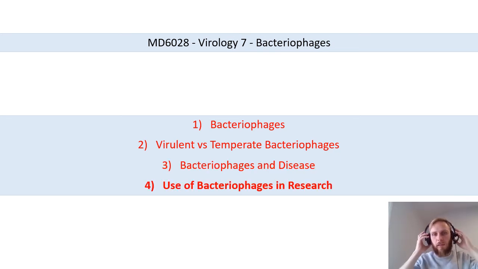Okay, so finally we want to think about the use of bacteriophages in research, because this is relevant to the role of bacteriophages in human health and disease, because it falls under bacteriophages in human health, because a significant amount of research into bacteriophages and into other microorganisms in general is focused on how can we improve human health, what information can we obtain that will help us to develop therapies and things like that.